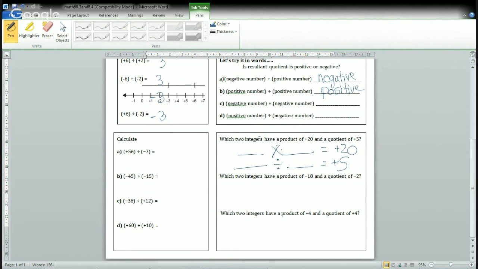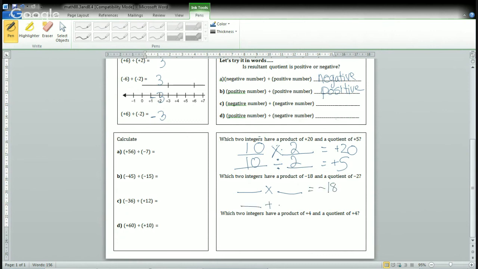So in my head, I know, okay, 4 times 5 is 20, but 4 divided by 5 is definitely not 5. I know that 10 times 2 is 20, and guess what? 10 divided by 2 is 5. Those are my magic numbers. Pretty cool, eh? Let's try this one. So something times something is negative 18.